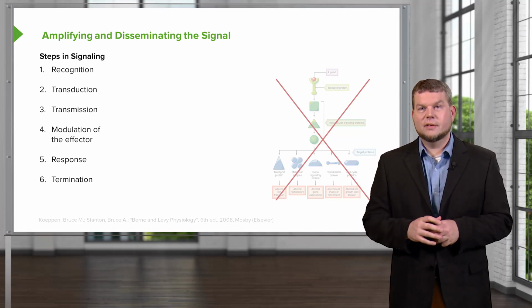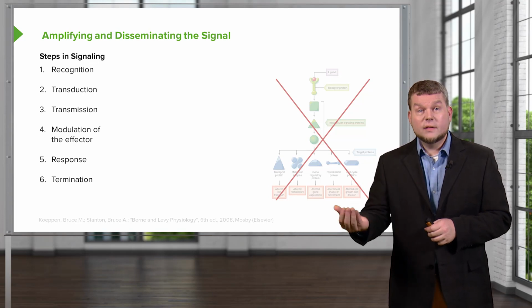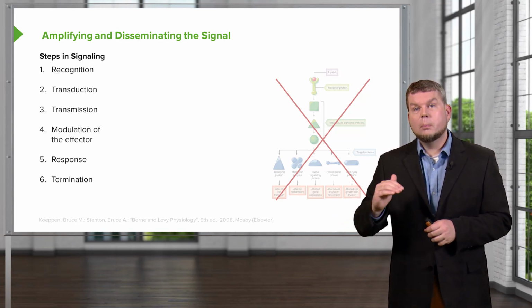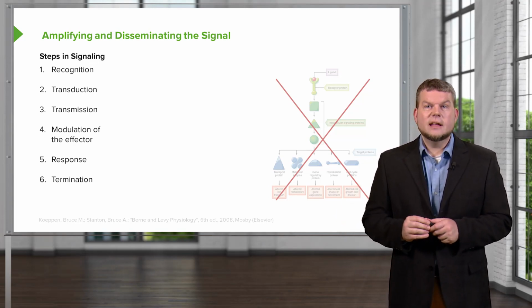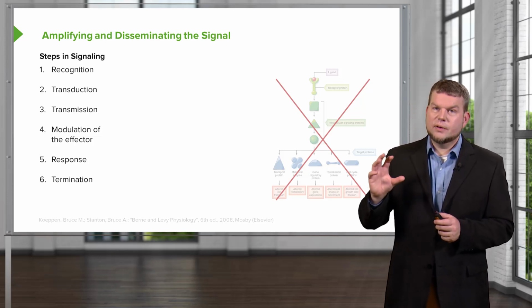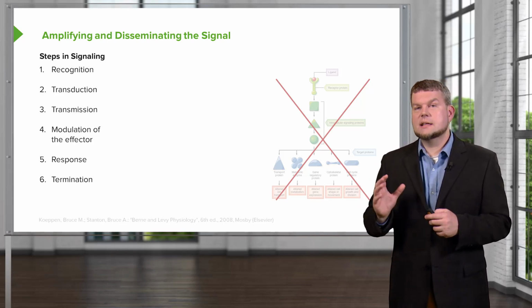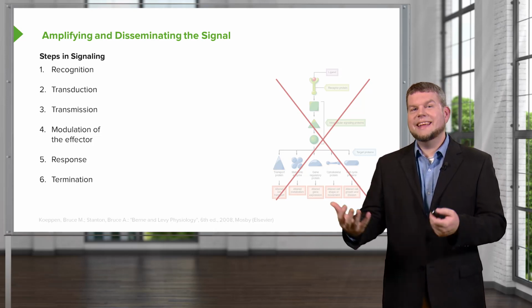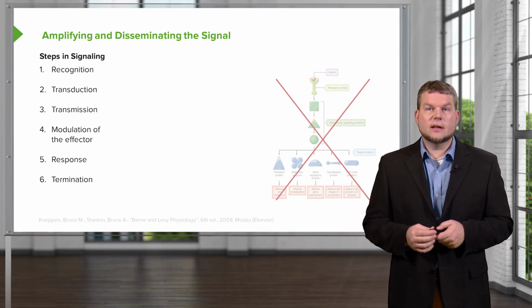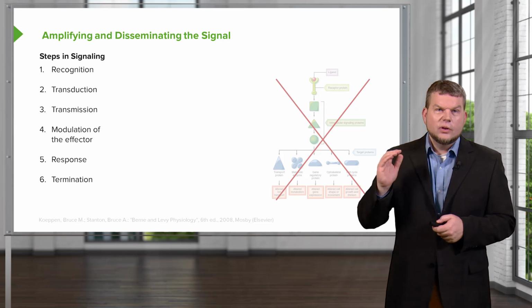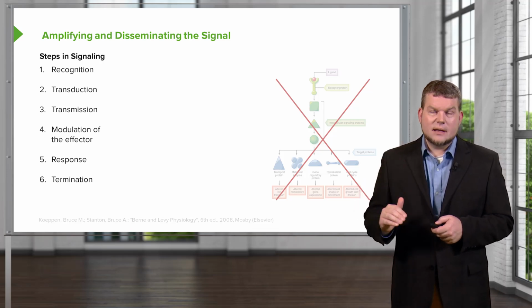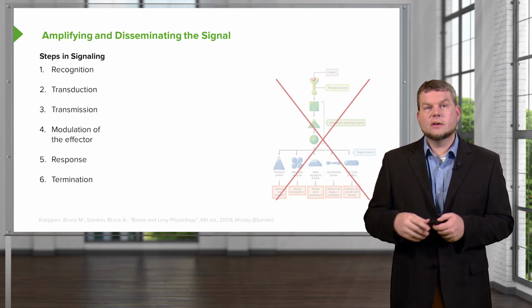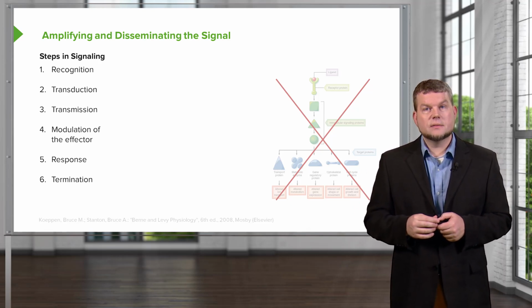How do you turn it off? Well, you could either remove the ligand or block it at some point. And different cells and different receptor interactions will utilize a different process in inactivating or terminating the cell signaling. But you'll notice that you'll have these 6 steps in almost all cell-to-cell signaling interactions.